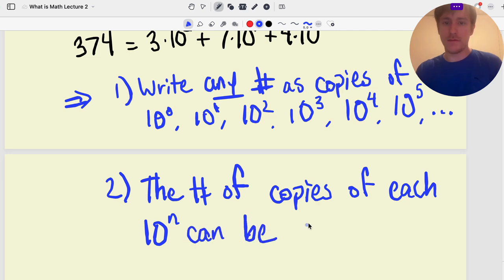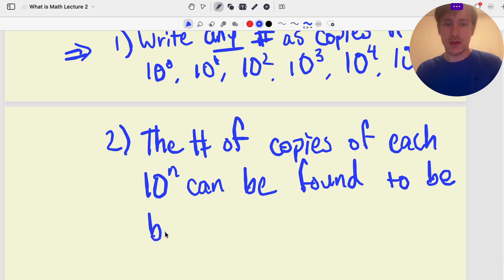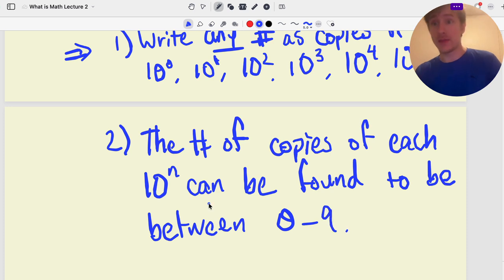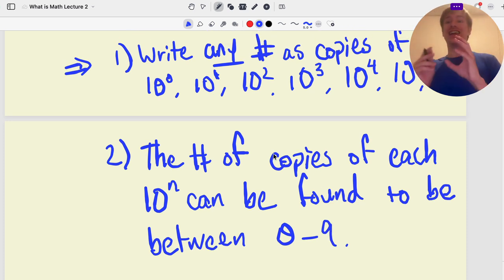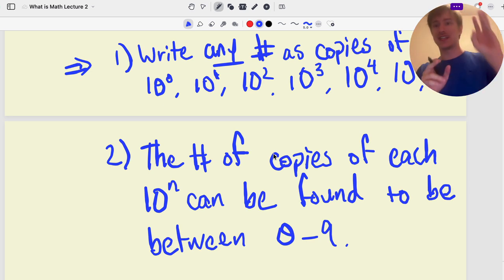can always be found to be what? Well, it can always be found to be between 0 and 9. What do I mean by that? I mean that for any number, you pick any number, I can always find a way to combine the different number of copies of 10 to the 0, 10 to the 1, 10 squared, 10 cubed.